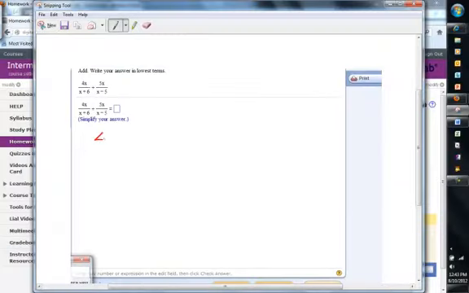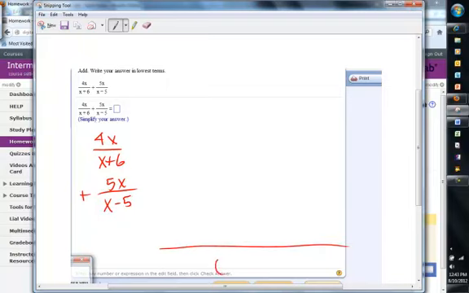All right, we have 4x over x plus 6 plus 5x over x minus 5. Those two denominators have nothing in common, so let's just write them x minus 5, x plus 6.